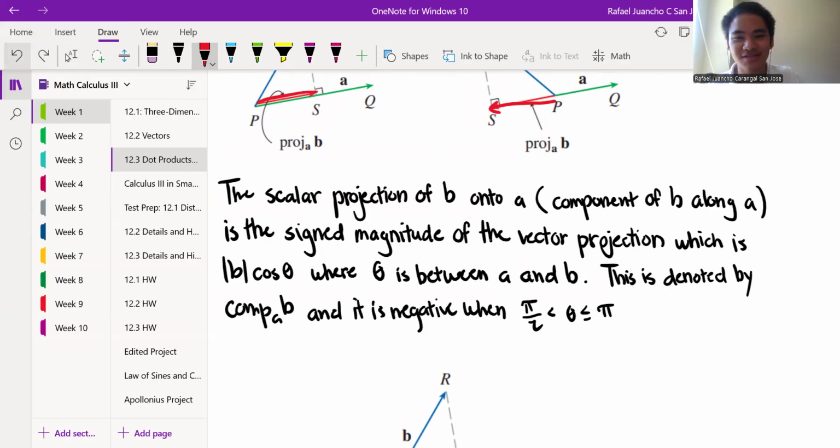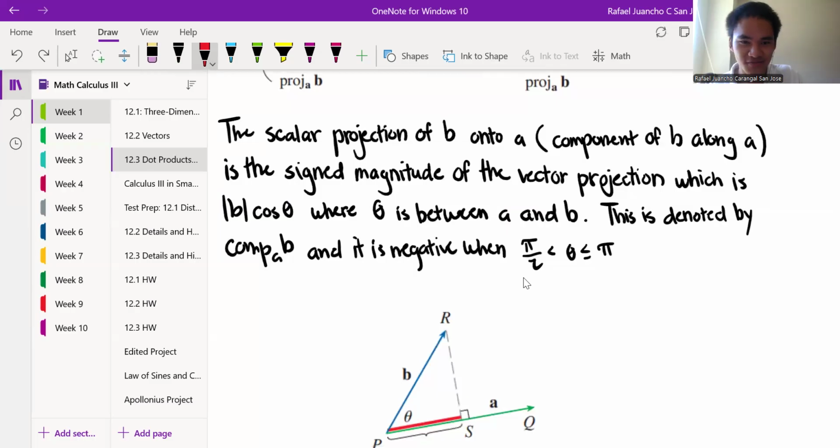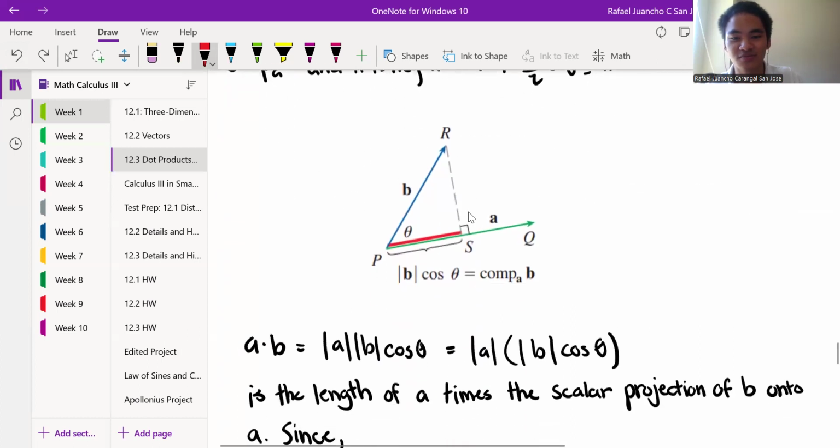You know what I mean? That's what the scalar projection is for. And hence the word scalar, because we're scaling, we're multiplying, because we want to get the length of that projection. And so here, that's the length. And we can see the length is the absolute value of this vector, or the length of B, times cosine.